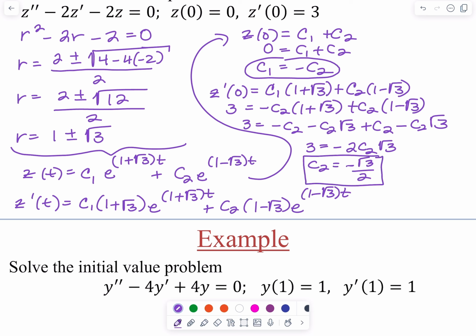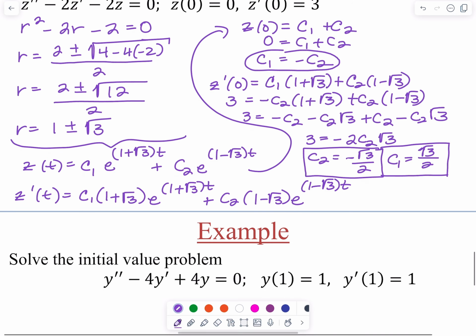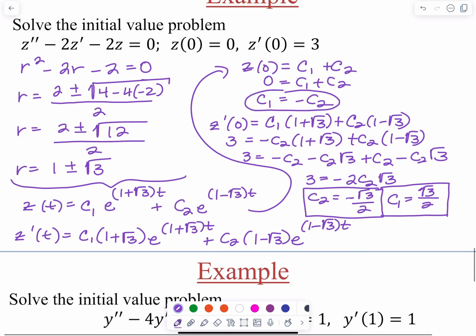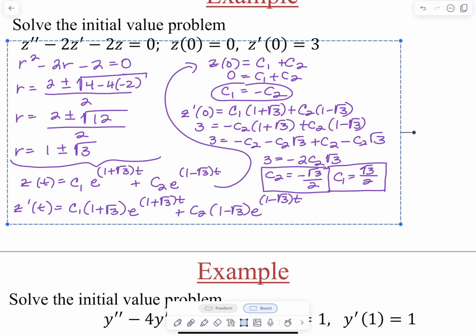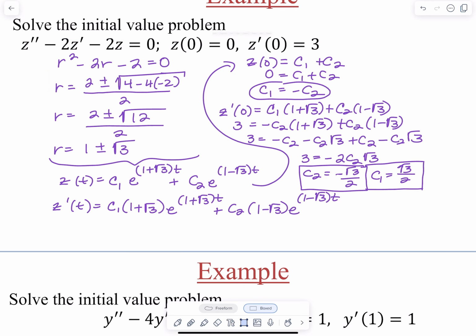And that means c1 is the square root of 3 over 2, since it's the opposite of c2. So now we can go ahead and write our particular solution, or our solution to the IVP.